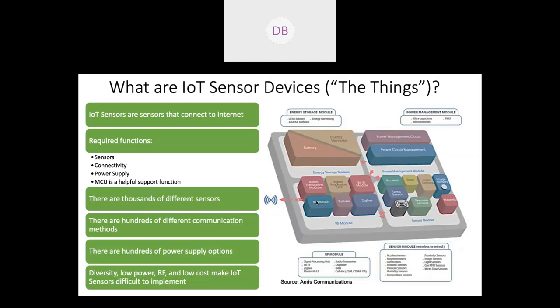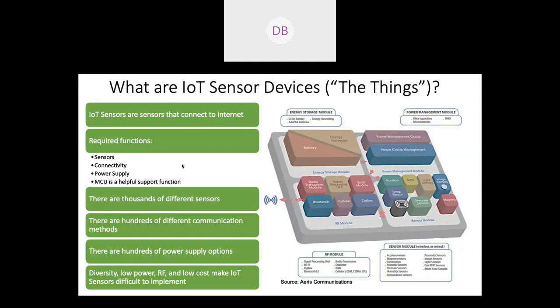As you can see listed here, it needs a power supply. And to interface the sensors to the internet, we need a microcontroller unit, an MCU, which is a supporting function that builds the relation between the sensors and the internet.